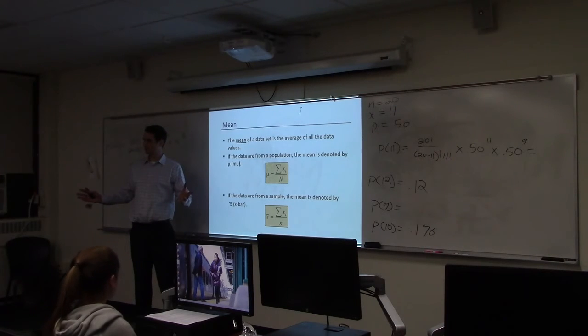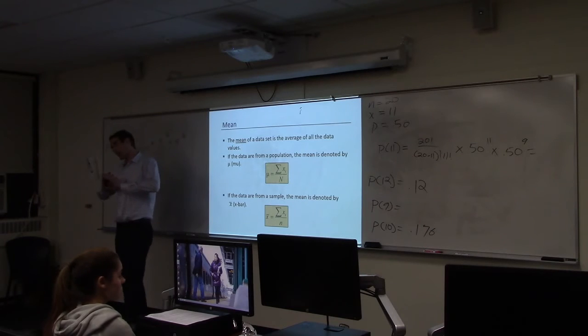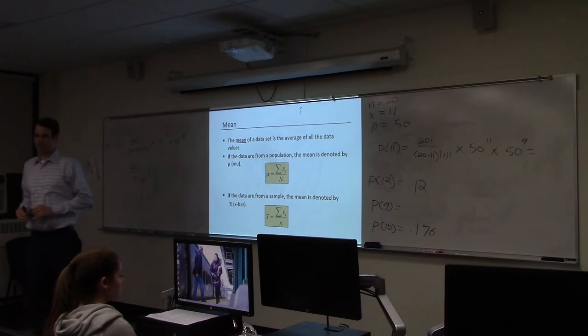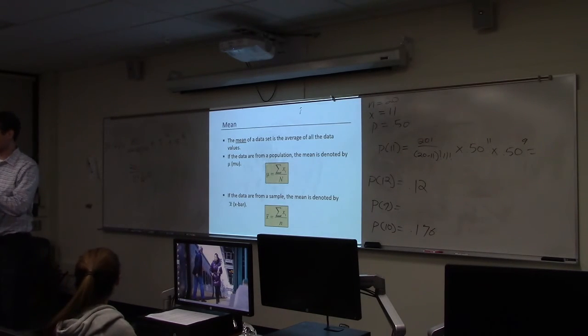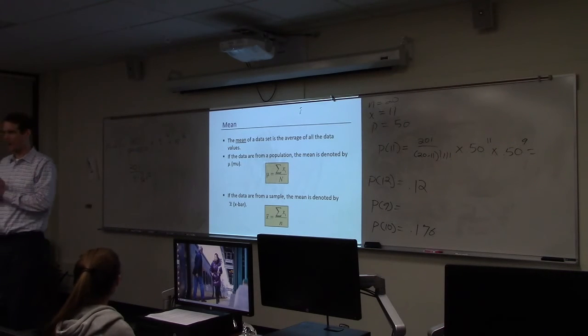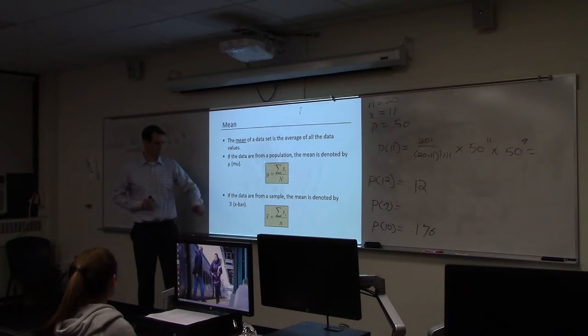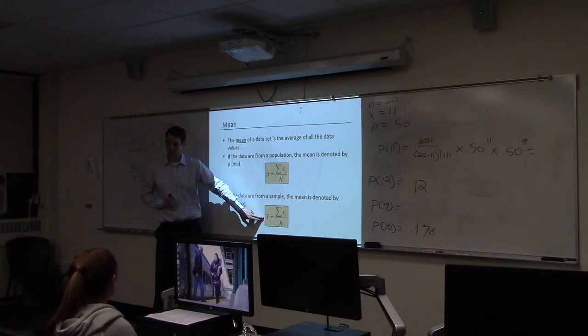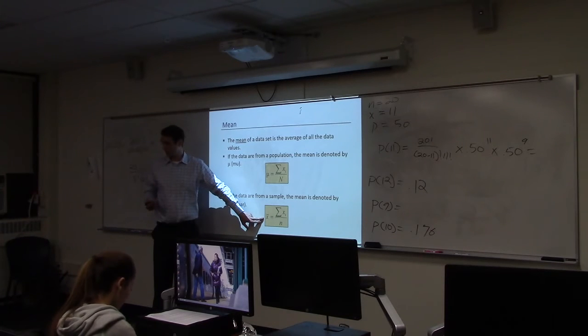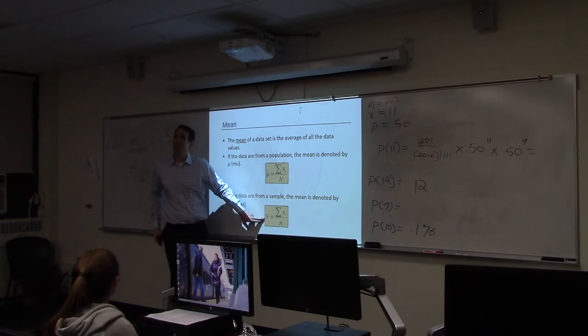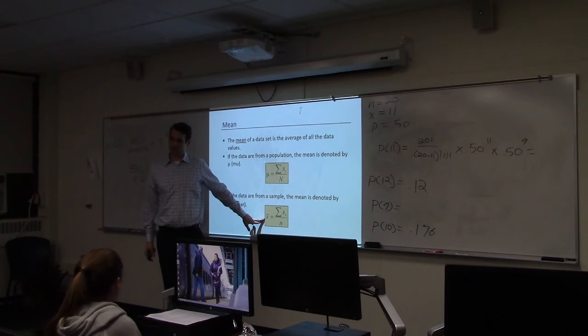Make sense? If we're just using a sample, suppose we have 50,000 trees in the forest, and we're just taking a sample of, say, 35, and we want the mean of that sample data, we use this notation, x with a bar over it. You can call this x bar. You can also call this the sample mean.